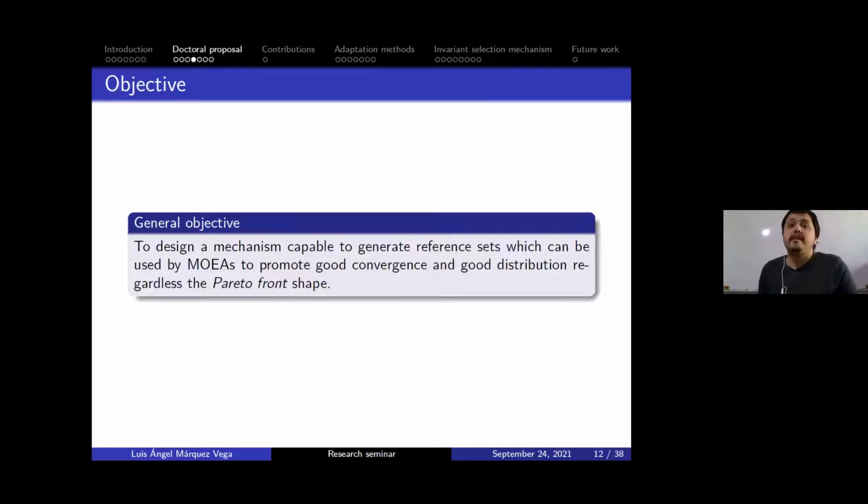For those reasons, the main objective of my research is to design a mechanism capable of generating reference sets, which can be used by MOEAs to promote a good convergence and good distribution of solutions, regardless of the Pareto front shape. The quality in convergence and distribution can be measured by quality indicators.